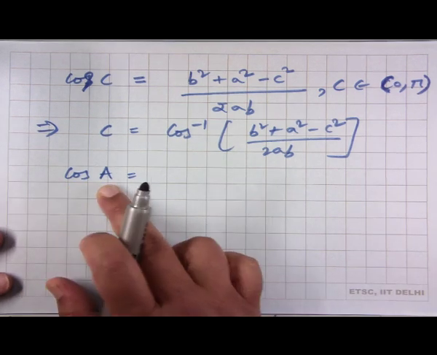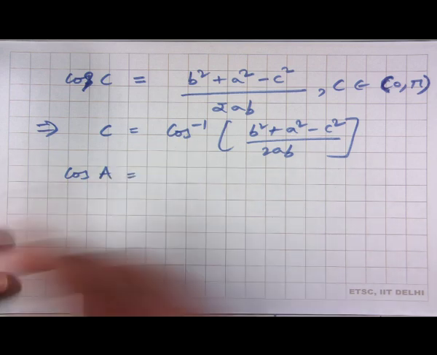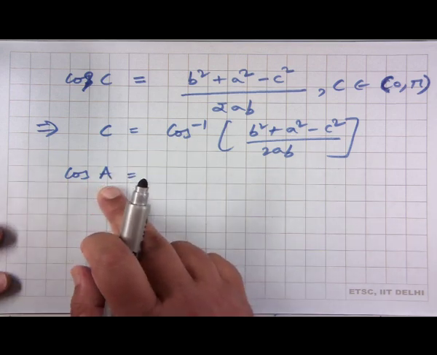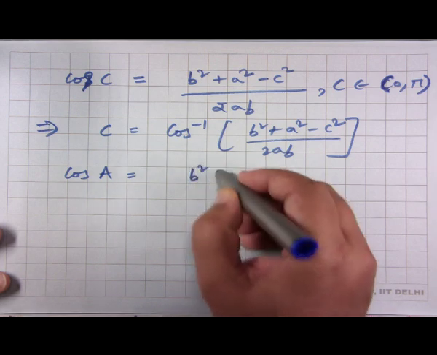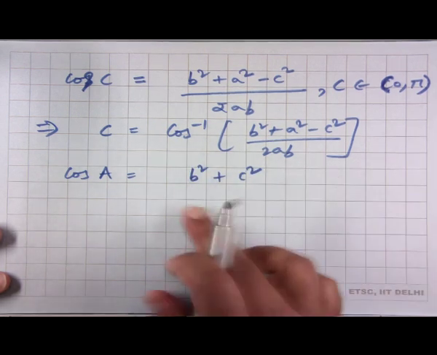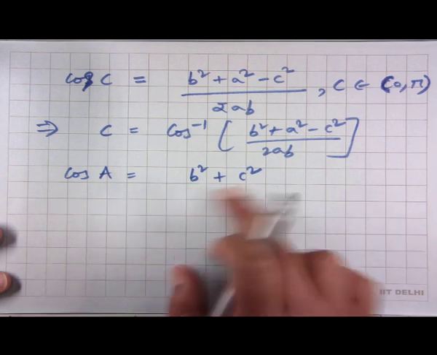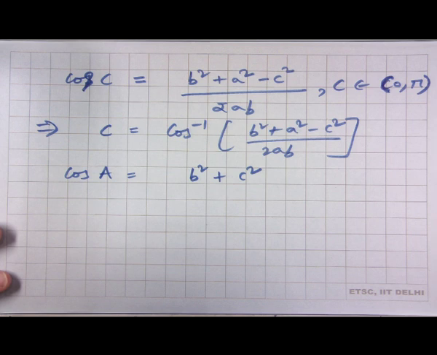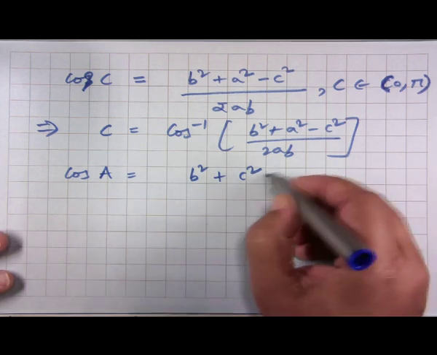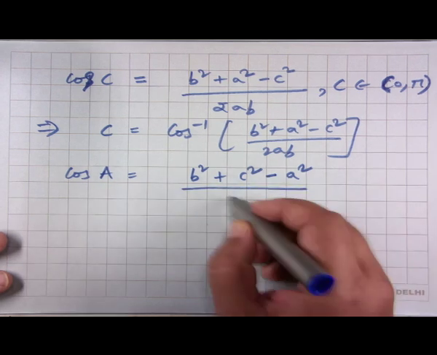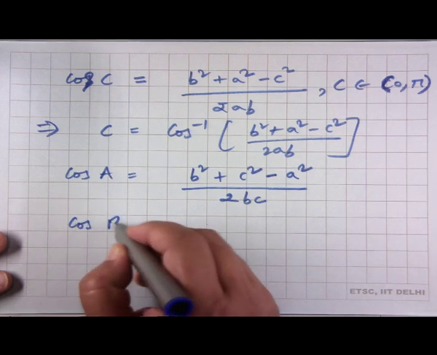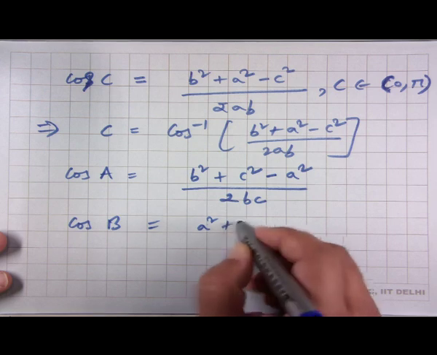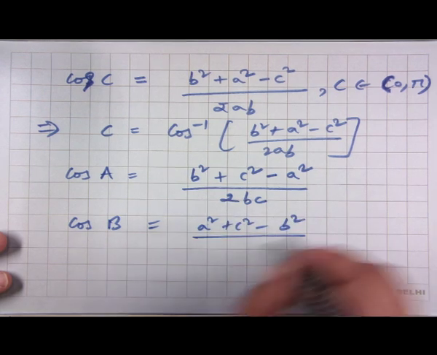And therefore, from that pattern, and also by just following the same proof for angle A, what we get is cos of angle A is (b square plus c square minus a square) by 2bc, because these two, b and c, are the other two sides apart from the side of length a, and also cosine of B is (a square plus c square minus b square) over 2ac.